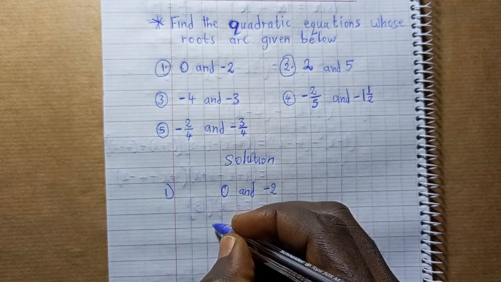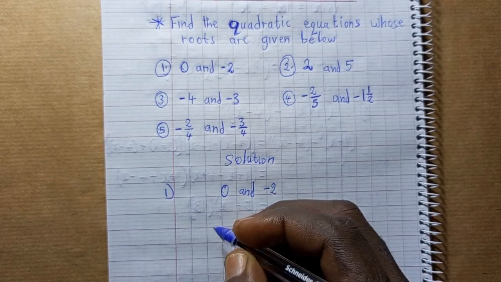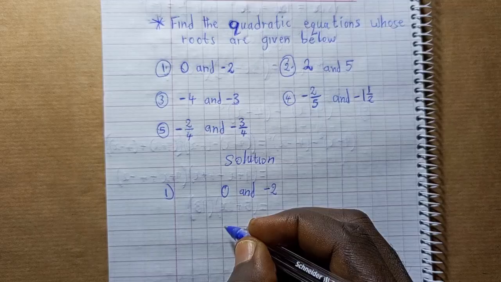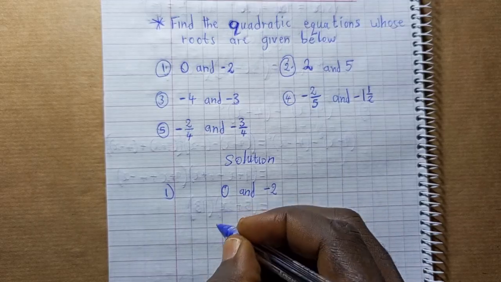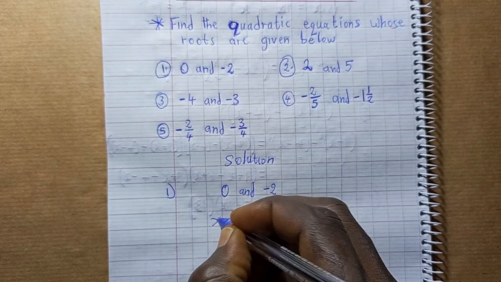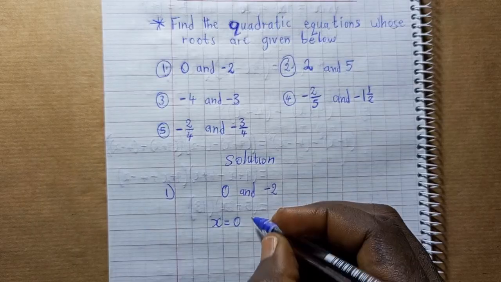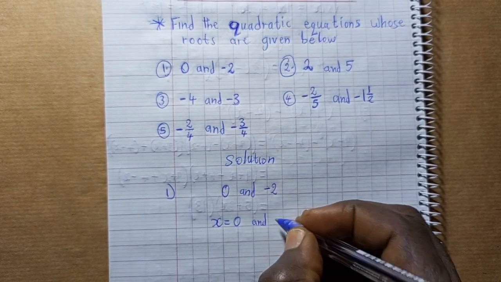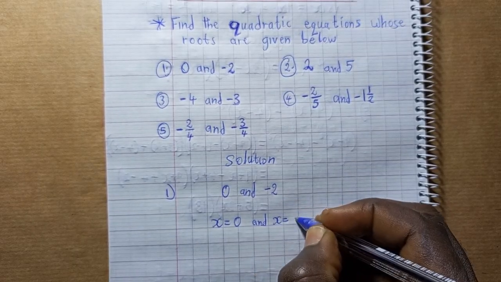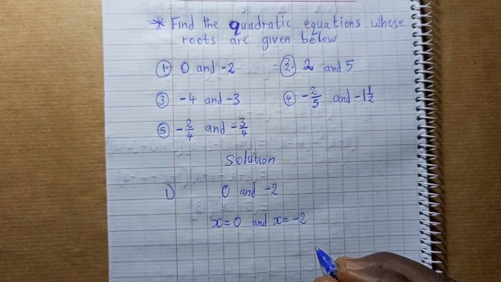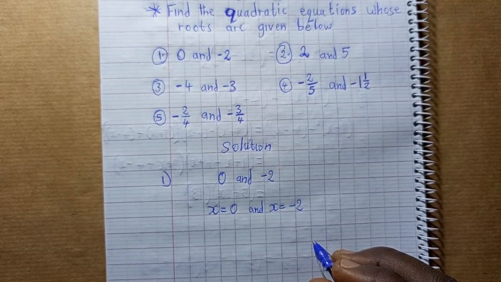So I'm going to be using different variables for this video. So for the number one, I'll be using the variable x. Let's assume that x is equal to 0 and x is also equal to minus 2, and that is one step.